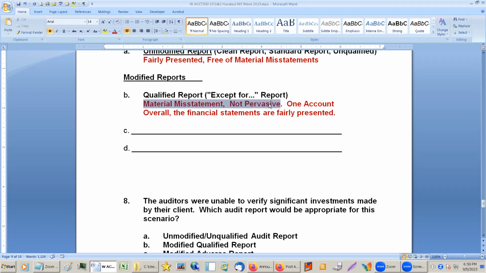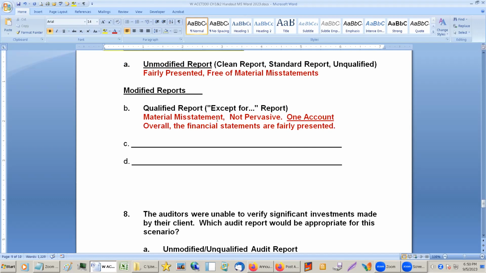Material misstatement, not pervasive. It doesn't go throughout the financial statements. Usually only one account, maybe two. But overall, the financial statements are fairly presented. Okay, so for instance, let's say you're doing an audit and the client has some inventory, and the inventory is being stored in a warehouse. The warehouse's employees are on strike, and you can't get in to verify the inventory.